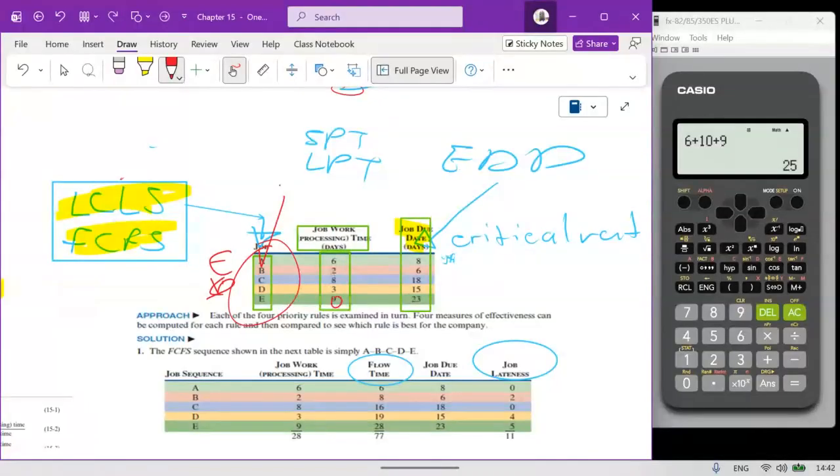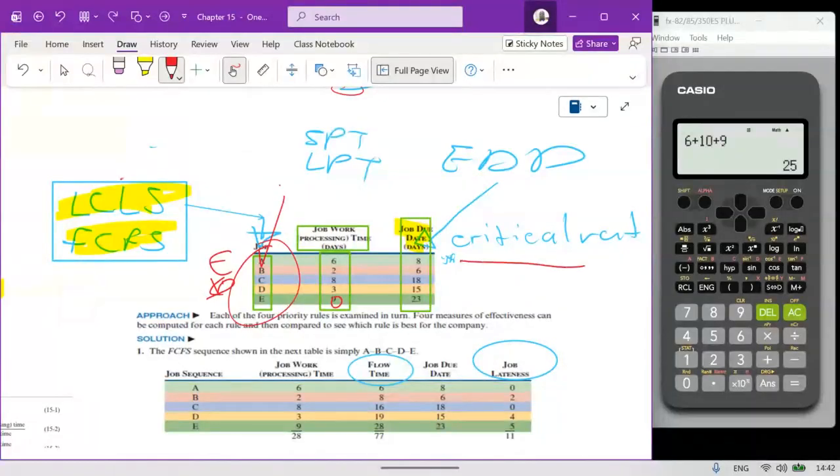Then we have the earliest due date. I've never heard of a latest due date. We have earliest due date. You sort by the due date. We have 6 as the earliest, 8 as the second, and 15, 18, 23. Then we have the one that works with the critical rating.